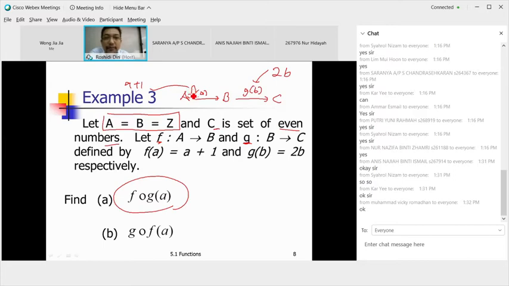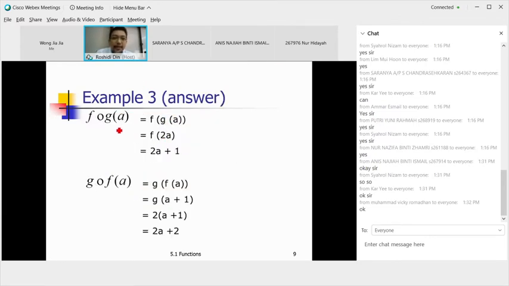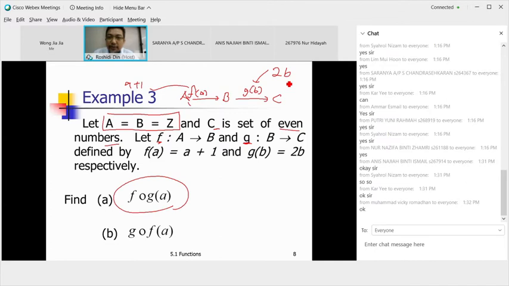So FG of A goes from here to here and to here. GF of A goes from here to here and to here. So look at this example, this is the answer. Based on F having a relation with G, we put it like this, it will be FG of A. So we identify G of A. In this question, G of B equals 2B.